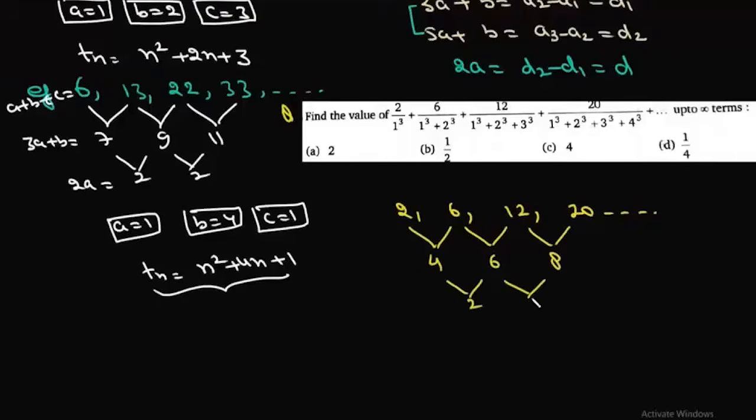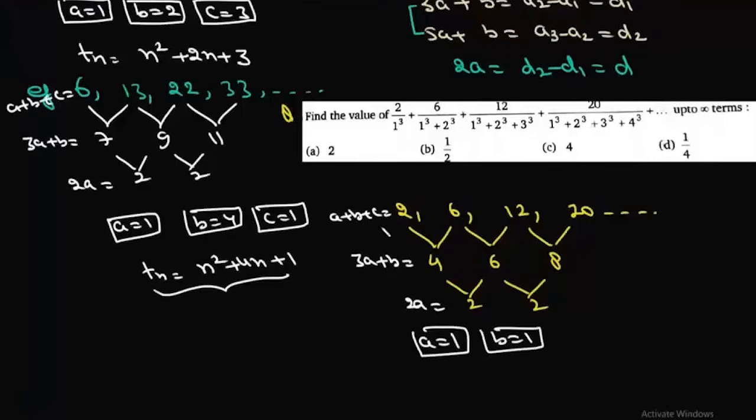Now this is 2 and this is 2. Now we can use the shortcut. This is 2a, this is 3a plus b, and this is a plus b plus c. Now clearly a is 1, and if we put a as 1, we get b as 1, and if we put a and b as 1, we get c as 0. So its nth term will be n square plus n.